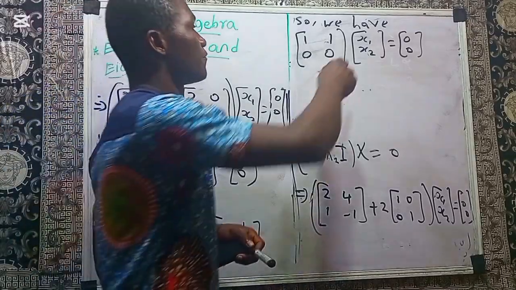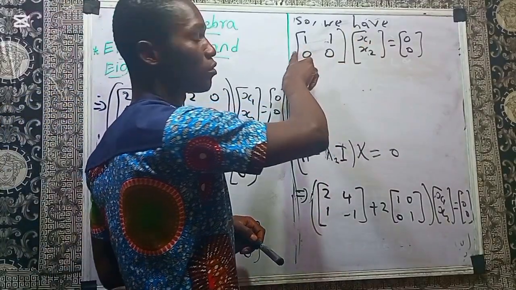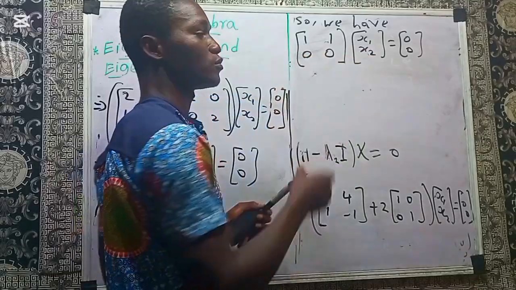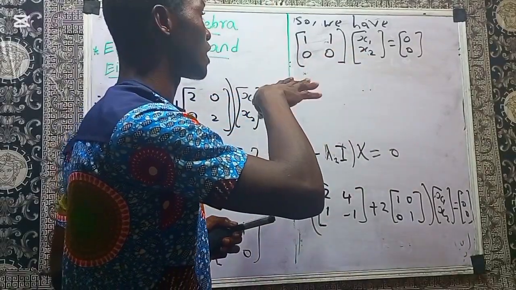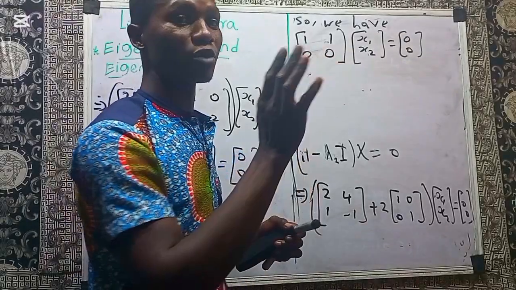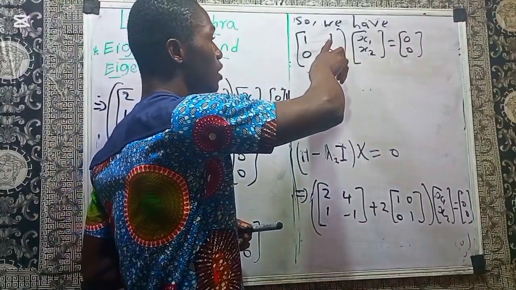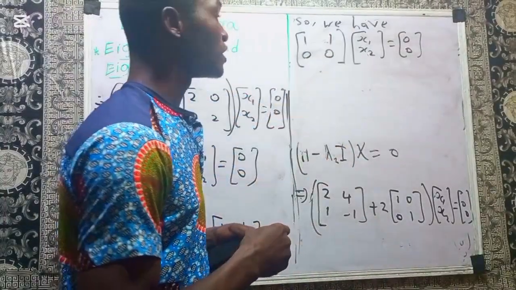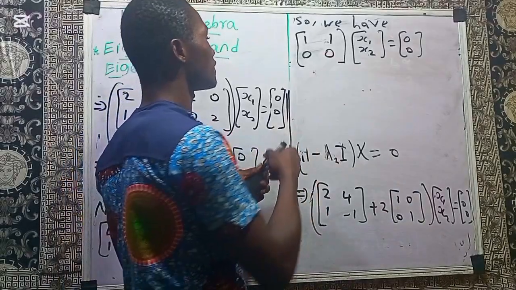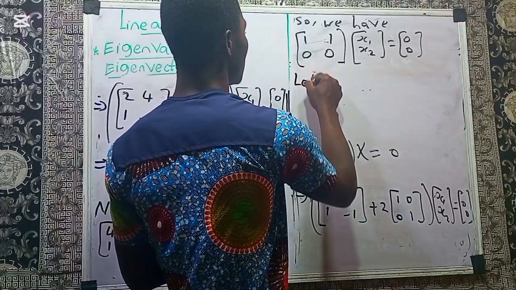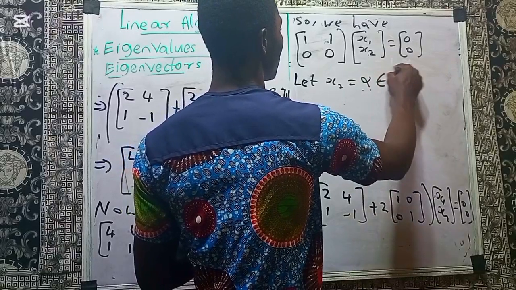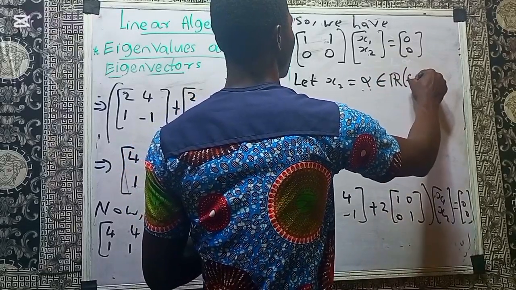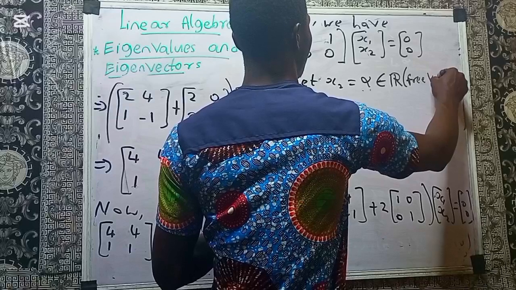From what I said earlier, x1 is for column 1 and x2 is for column 2. Since column 1 has a leading entry of row 1, x1 will not be a free variable. Column 2 does not have a leading entry of any row, so x2 will be a free variable. We are going to say let x2 be equal to alpha, an element of the real numbers. We say it is a free variable.